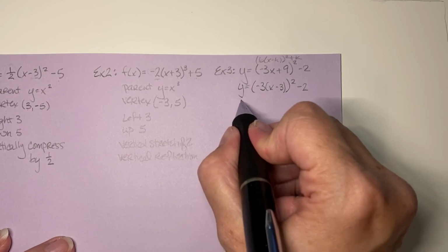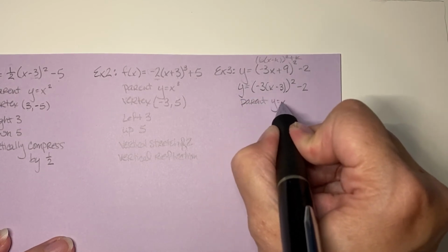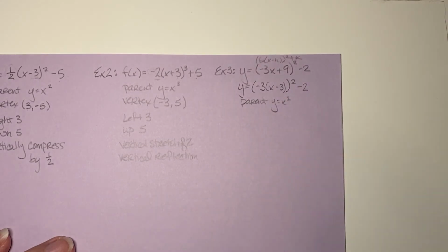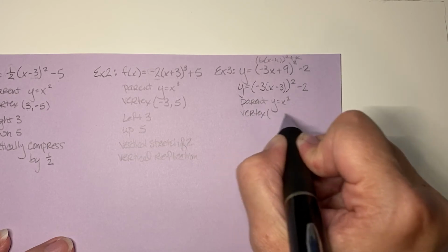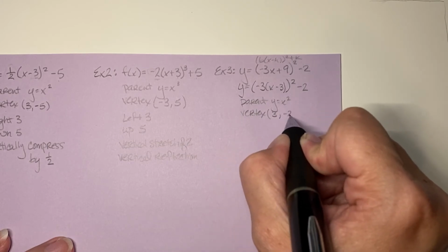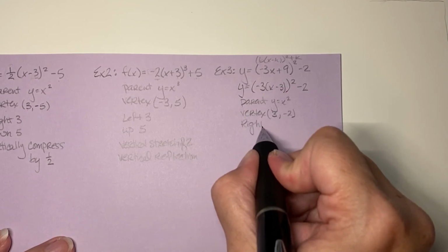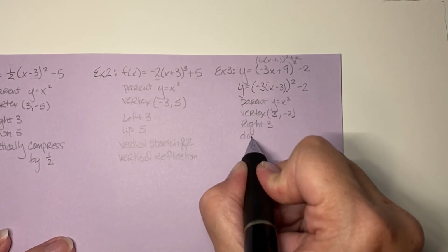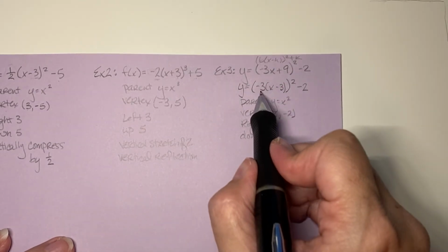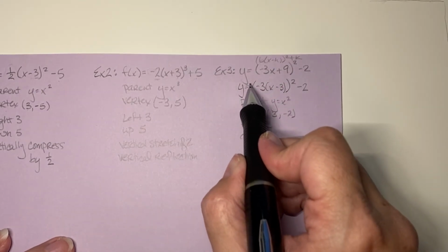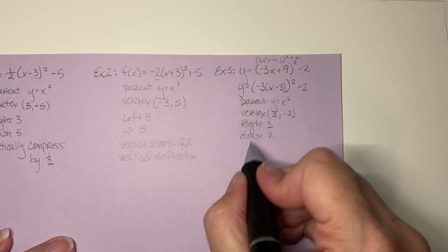The first one is our parent function, which is x squared again. Our vertex is (3, -2), which means we're going to go to the right 3 and down 2. No vertical component, because there's nothing out in front of the parentheses, but we do have the horizontal component.